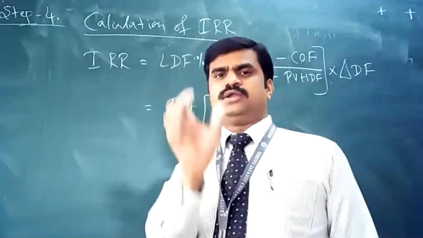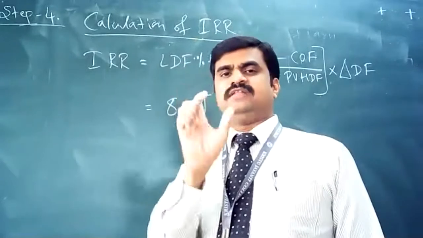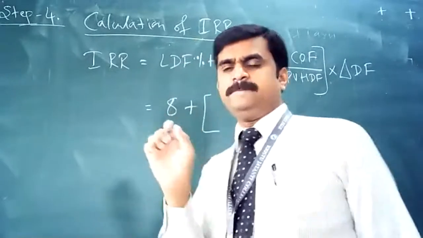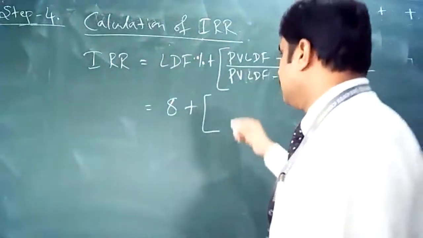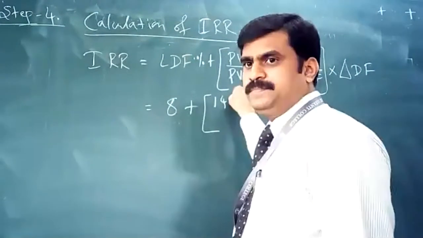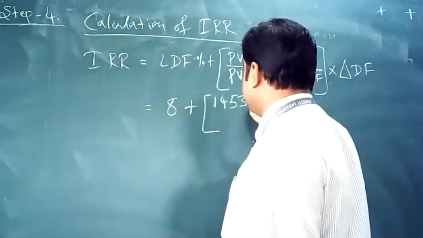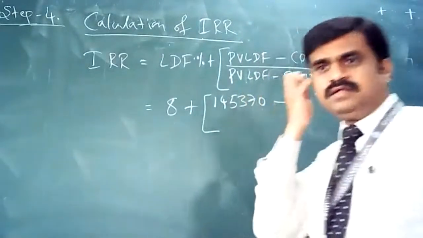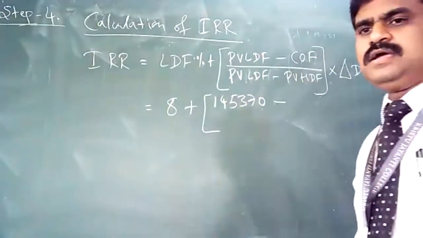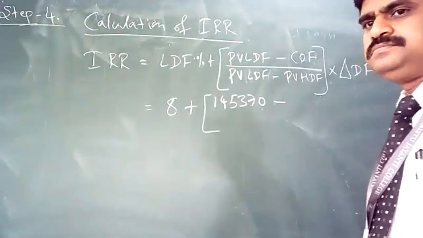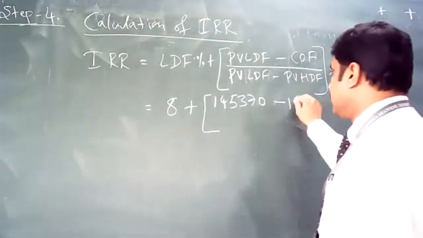How much is the total of your present value of cash flow at 8%? 1,45,370. Minus COF. How much is the cash outflow? 1,38,500.